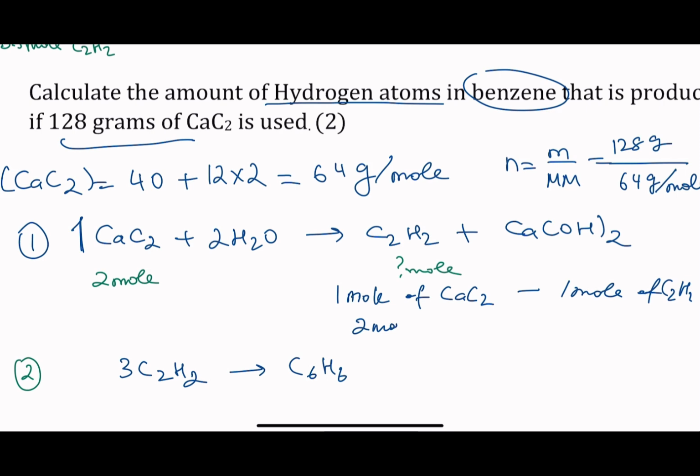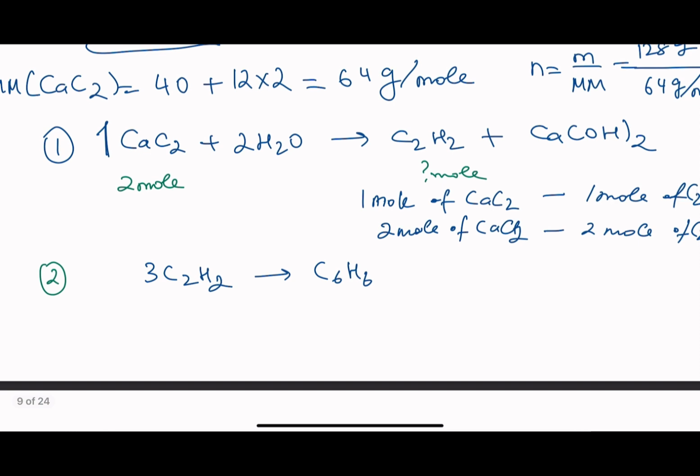So 2 moles of calcium carbide will give us 2 moles of C2H2. So now you have C2H2. We're going to write it in the bottom here. So 2 moles of C2H2.